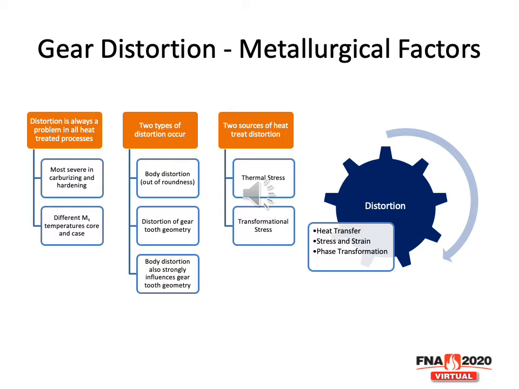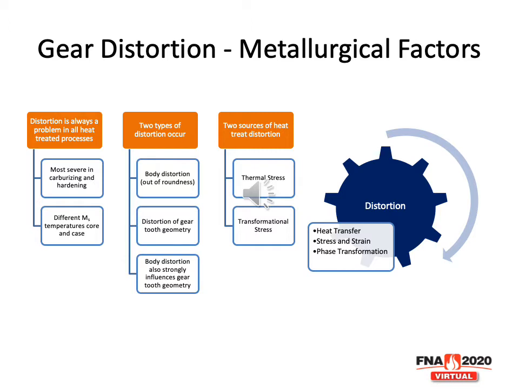This is because of the different martensite start temperatures between the core and the case, which can be very significant. For instance, in the core, it could be on the order of 450 to 500 degrees Fahrenheit, whereas in the case that can be 200 degrees Fahrenheit. This can cause problems, particularly in thin sections. The inside will transform first, and then the core.